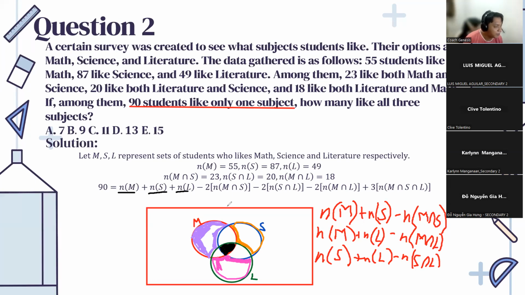So how do we get this again? Minus 2n. Wait a minute. Plus 3. Okay, so let me just remove this one first.